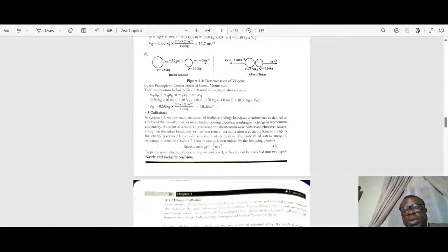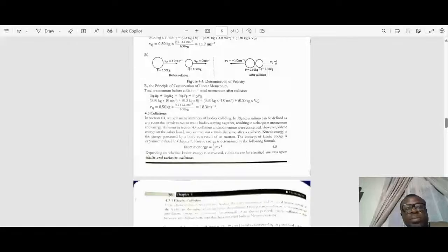Elastic collision is a type of collision where both momentum and kinetic energy are conserved after the impact. Whereas inelastic collision is a collision whereby it's only momentum that is conserved.